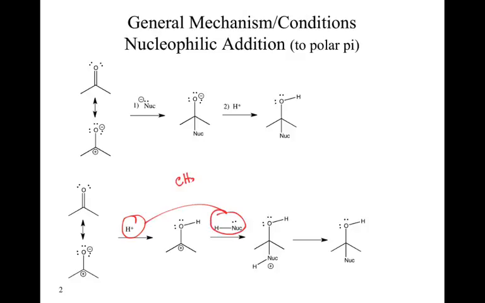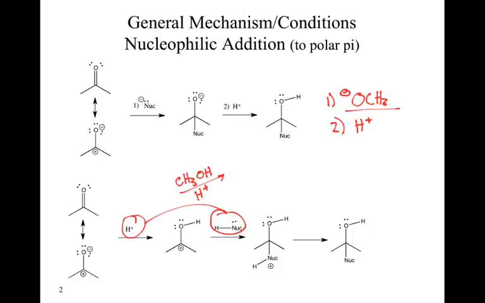As an example, we could do something like CH3OH with H+. You would probably see the H+ written underneath the arrow and the CH3OH written above the arrow. If we did that same type of reaction under basic conditions, we'd do OCH3 negative as step 1 and as step 2 H+.